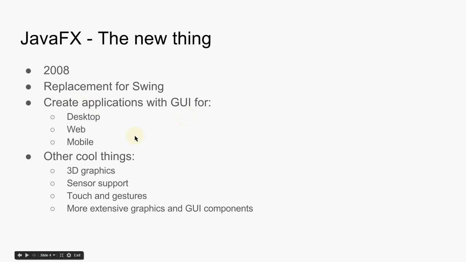Additionally, it introduces a lot of other cool things, a lot more than I have listed here. You get some pretty neat things like 3D graphics and sensor support and touch and gestures. Sensor support and touch and gestures fall mostly under mobile, because with mobile phones we have all sorts of sensors. We have GPS, accelerometers, magnetic field sensors, light sensors, and all sorts of things.